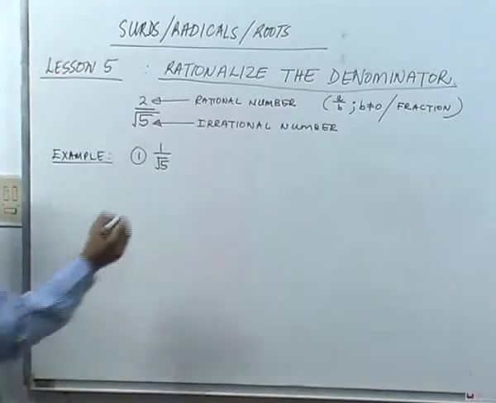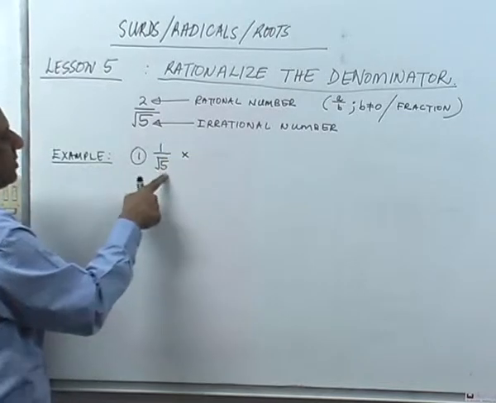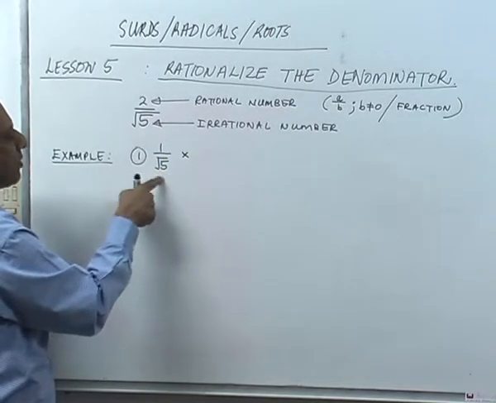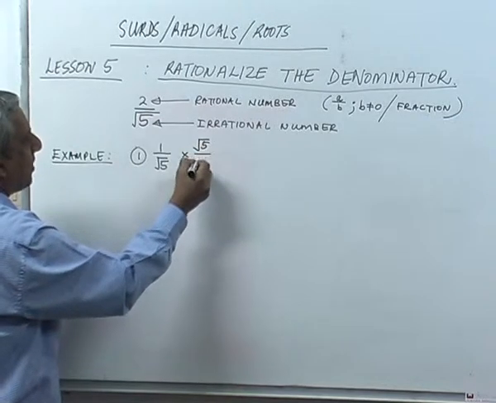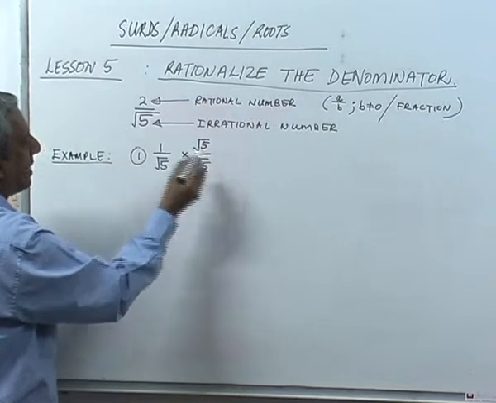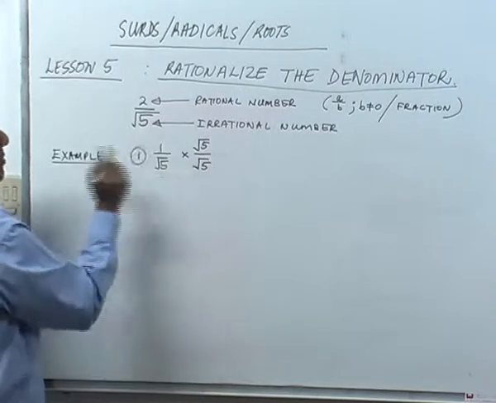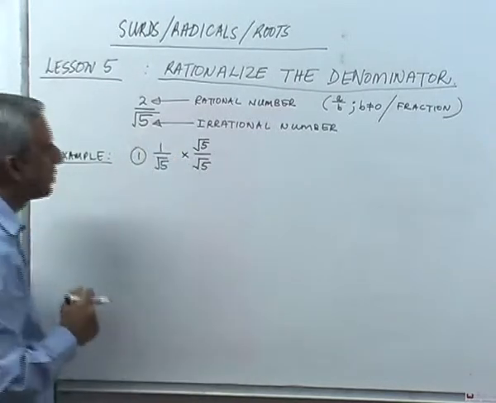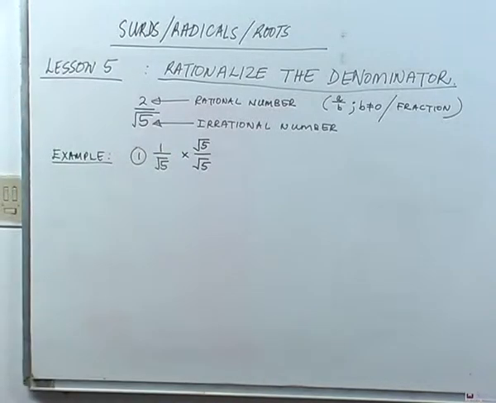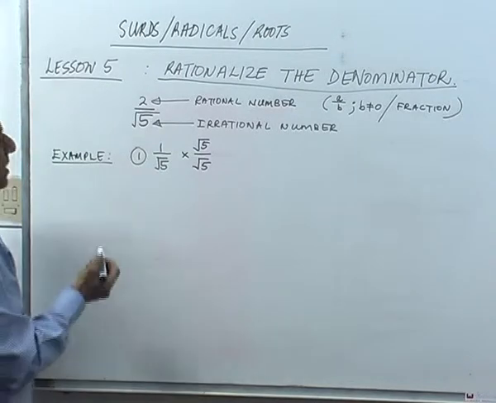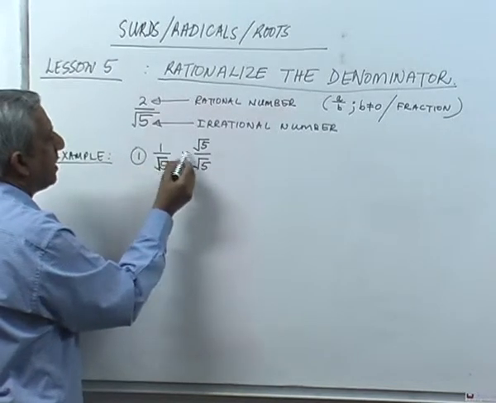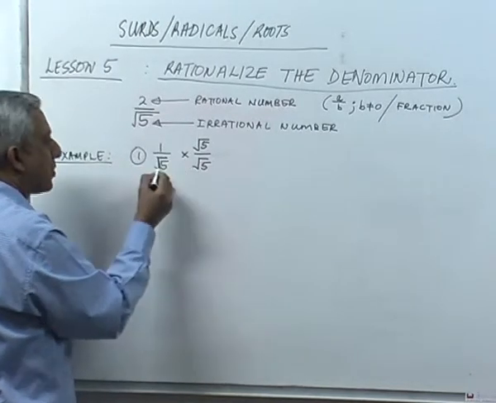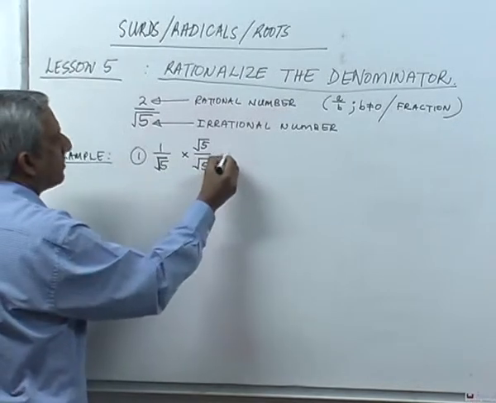So all you do is you multiply. You look at the denominator. The denominator is square root of 5. So you multiply by square root of 5 over square root of 5. So what you're doing, you're multiplying this by 1. Square root of 5 divided by square root of 5, you're multiplying it by 1 really. So you're not changing its value. So the secret is, look at the denominator and then multiply square root of 5 over square root of 5.